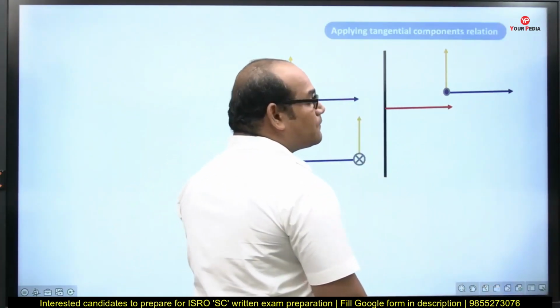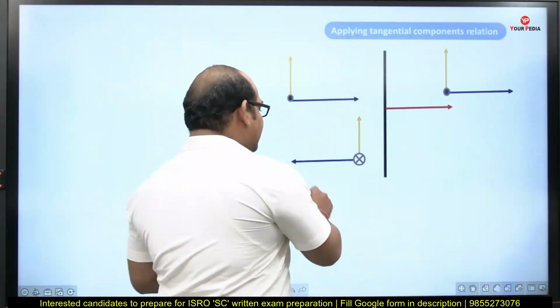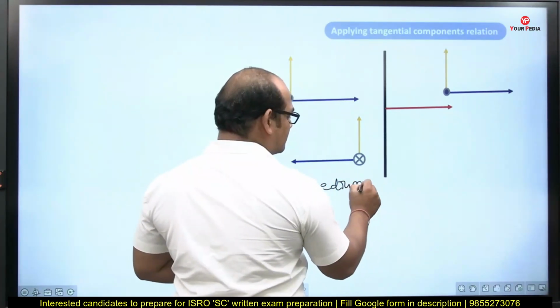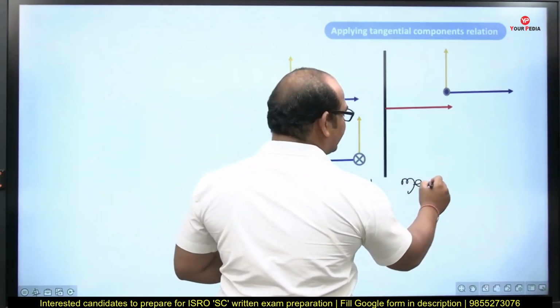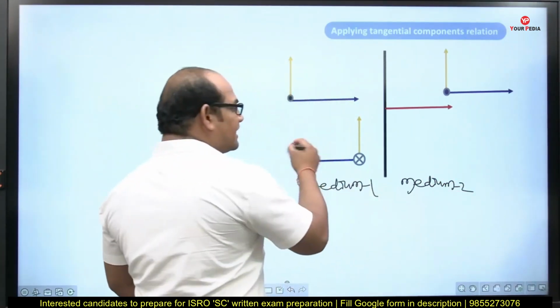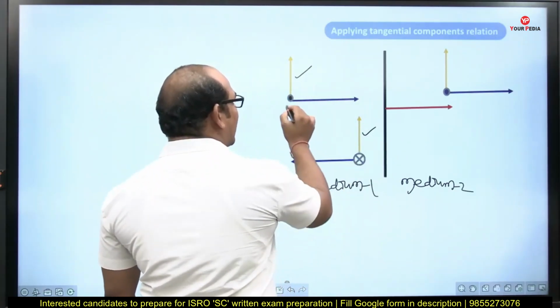Applying the tangential components relation. This entire side is medium 1, and this side we have medium 2. In medium 1 we have two electric fields and two magnetic fields.